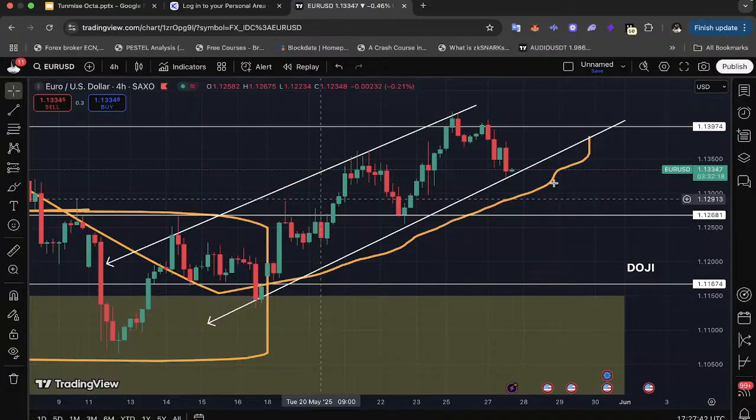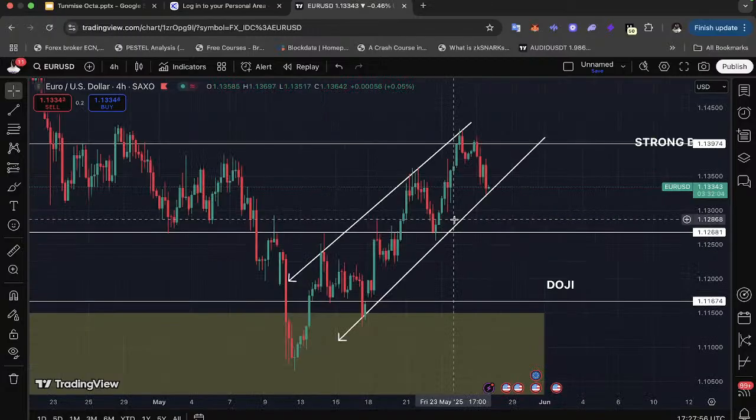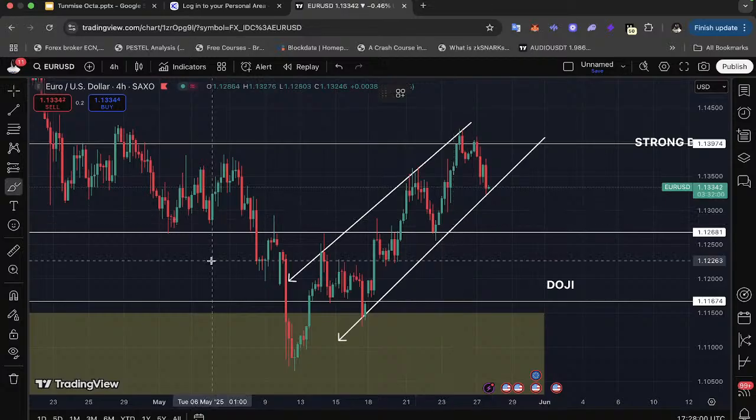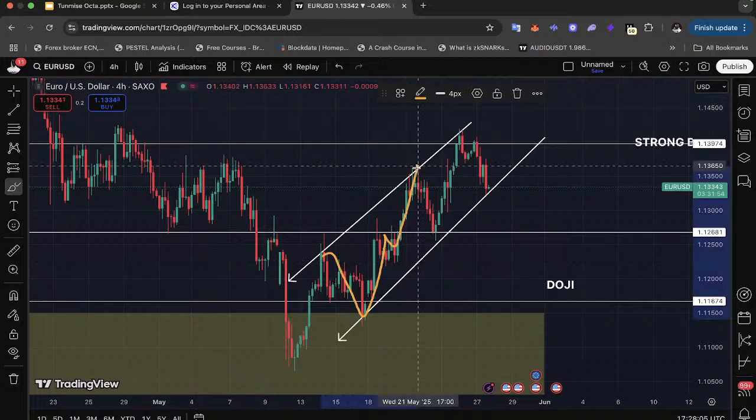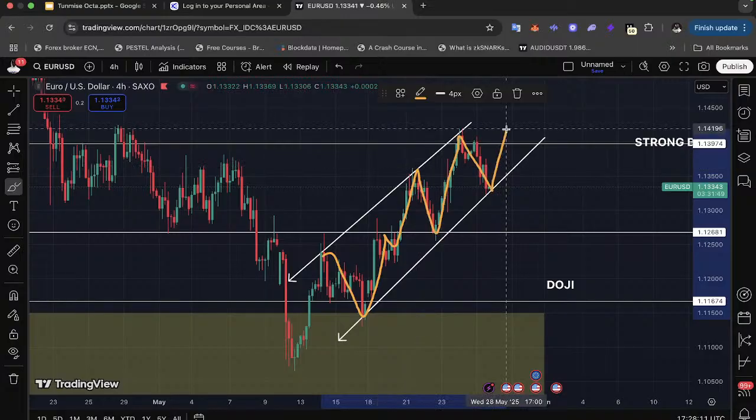So here we can see how price has been moving and climbing upwards, right? And if you see here, price comes down, goes up, comes down, goes up, comes down, goes up, comes down, and then goes up.